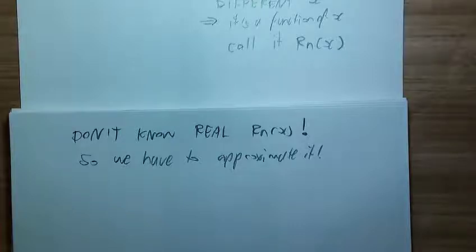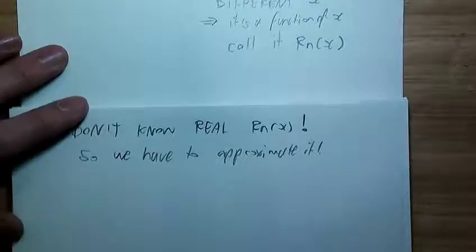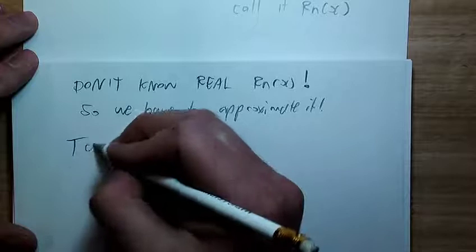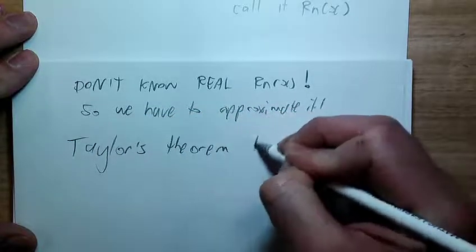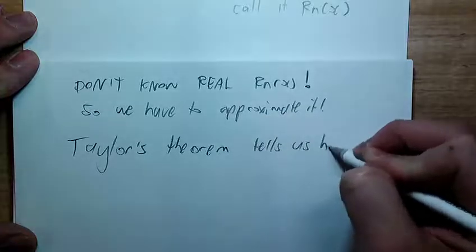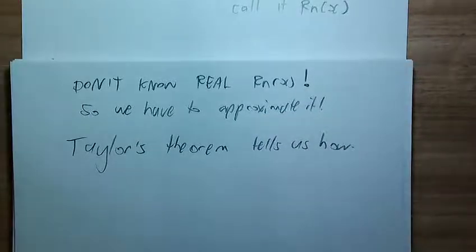But Taylor comes to the rescue with his fabulous theorem. Taylor's theorem tells us how. It doesn't do a particularly good job of telling us how, but it's the best we've got.